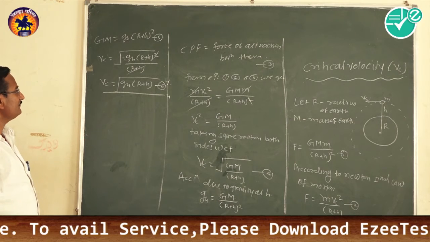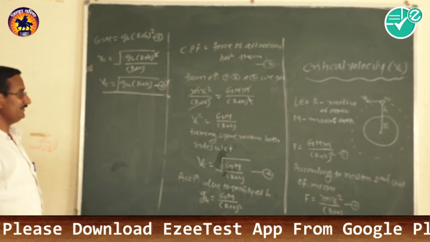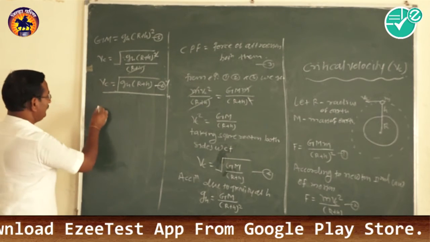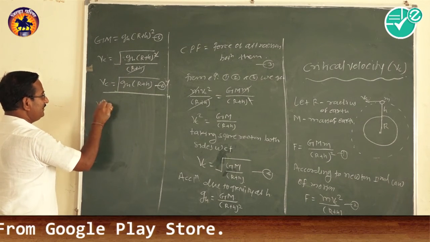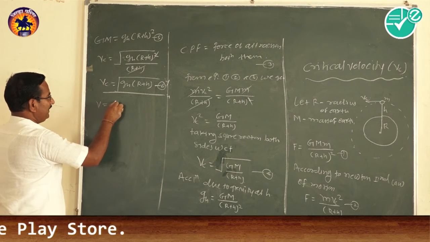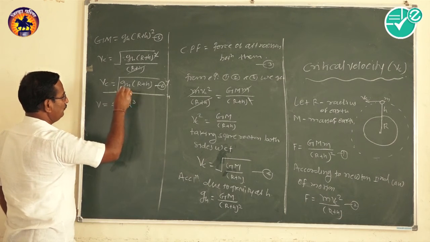Again, we have to know that Earth is a solid sphere. Then the volume of Earth is V equals 4 by 3 pi R cube.